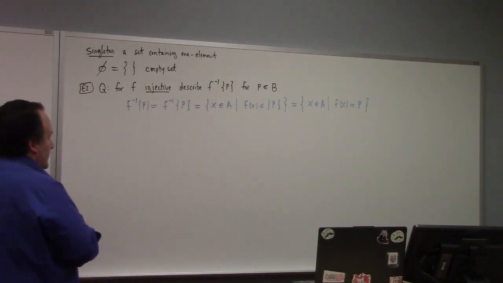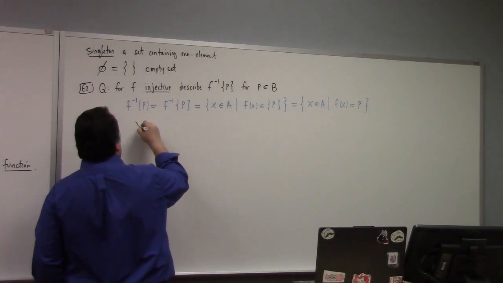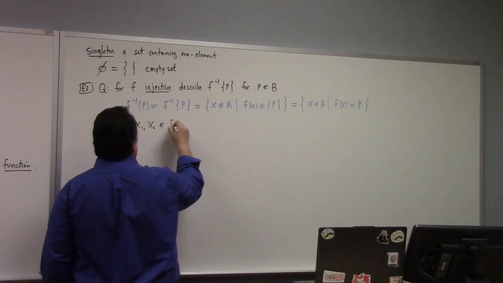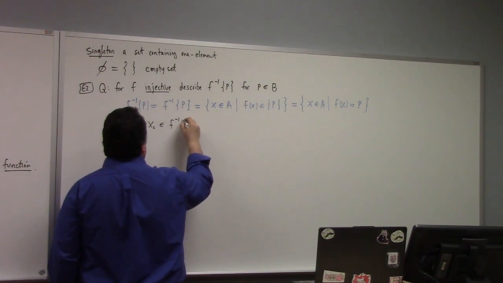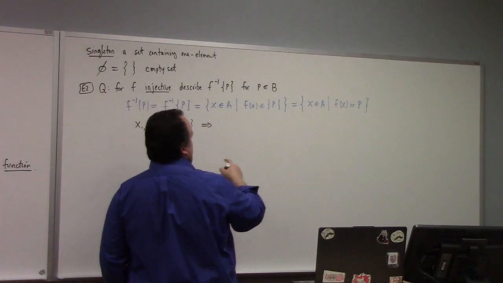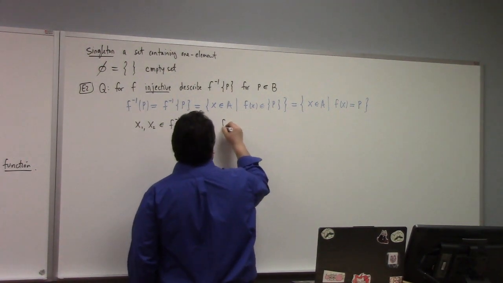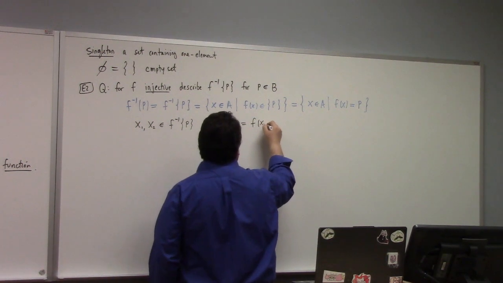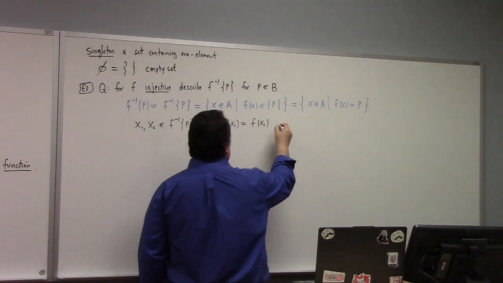Let's suppose we had x1 and x2 in this inverse image of a singleton. What would that mean? I mean f of x1 is equal to f of x2, because they're both equal to p.